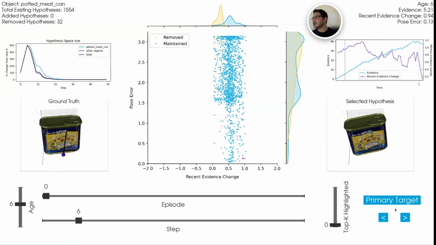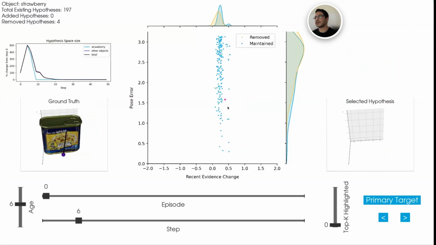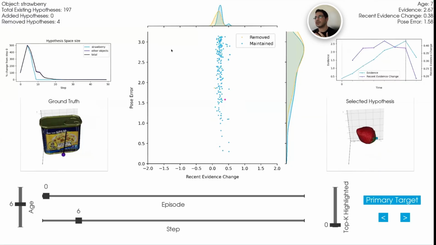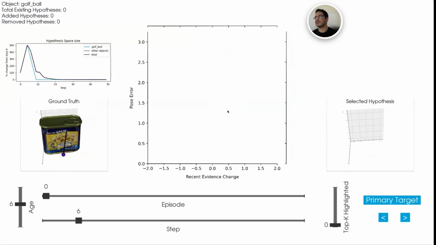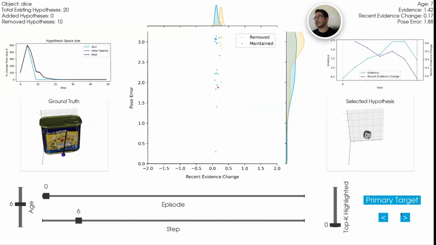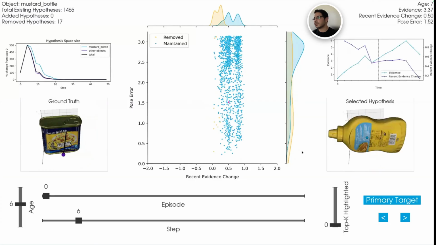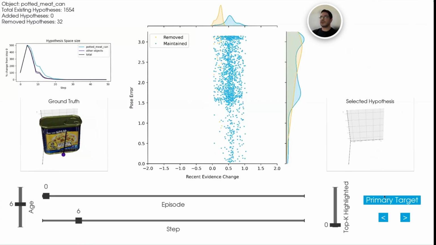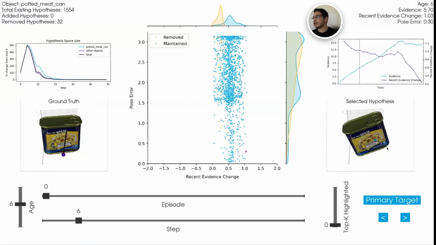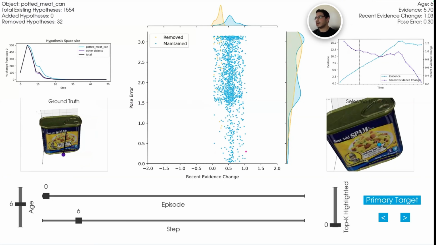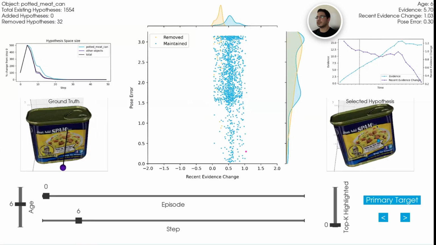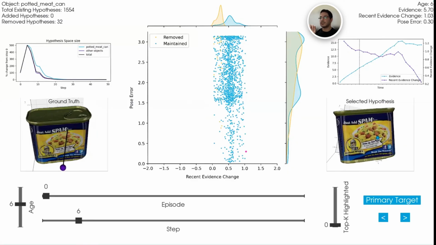So we could also sample hypotheses that are not on the same object, right? So we have many of these views here where we have many hypotheses. This is the dice, the mustard bottle, whatever. So if we go back to just the ones that are on the correct identity, and just to drive this point home about hypotheses, we can also activate here and look at the path that the sensor moved.